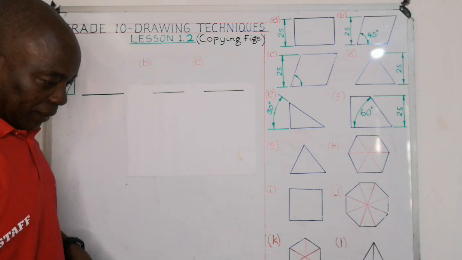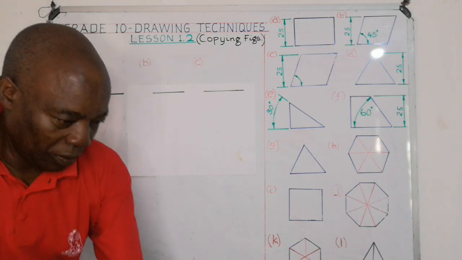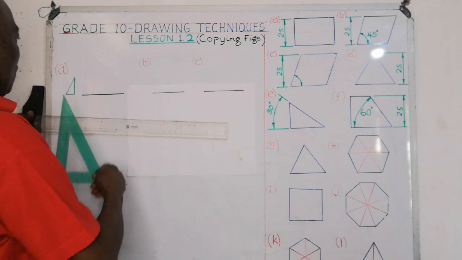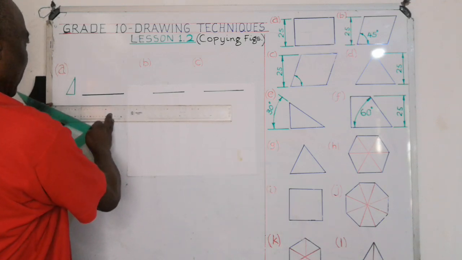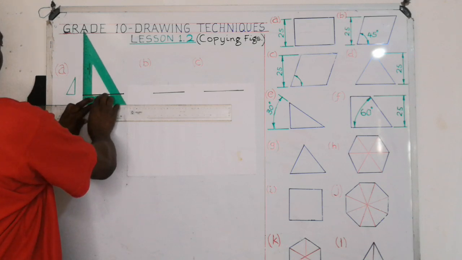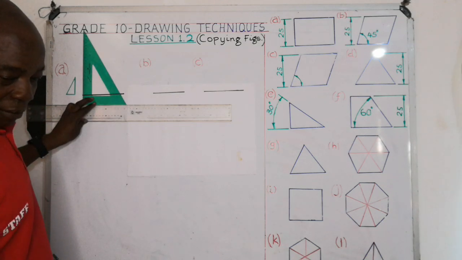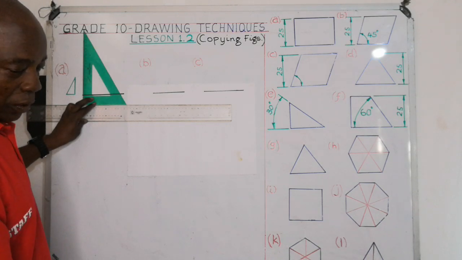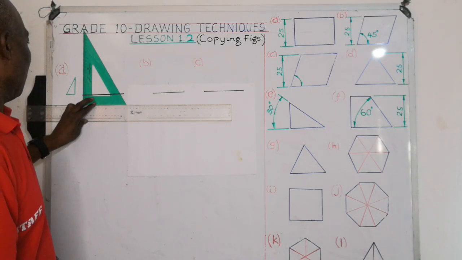As simple as that. So you know how to use the set square and T-square together. So I'll put my T-square there, and then my set square like that, and now we are going to use a 2H pencil, which is for construction.